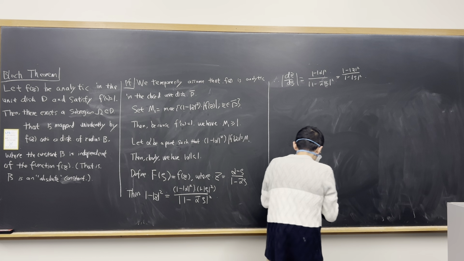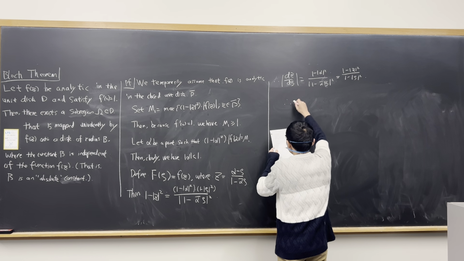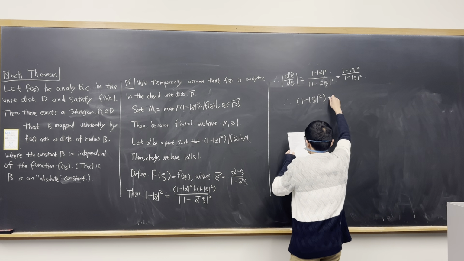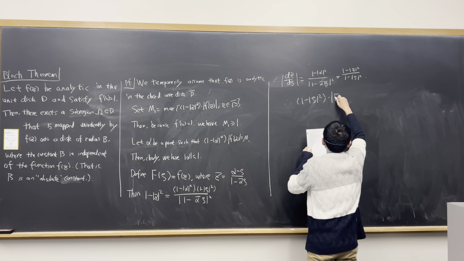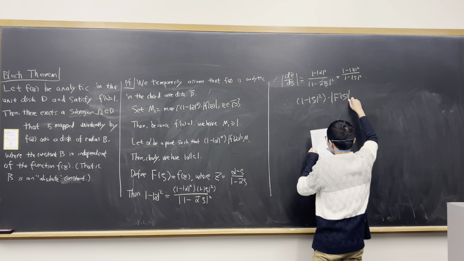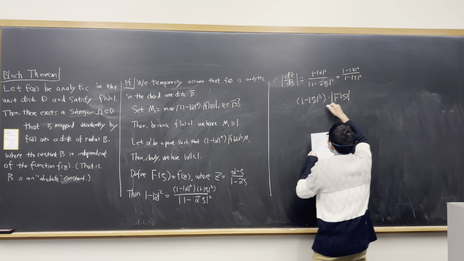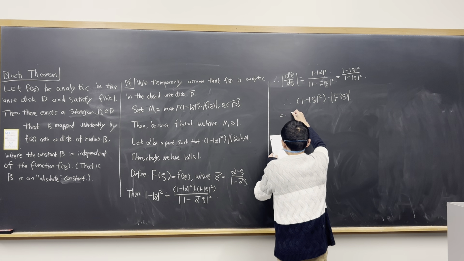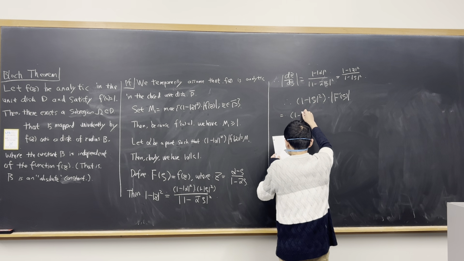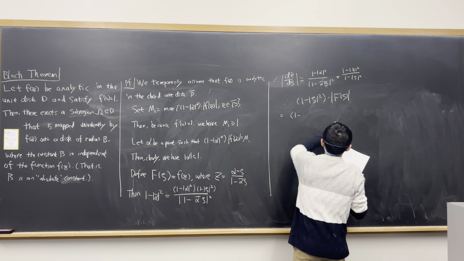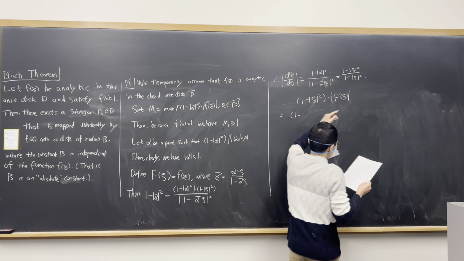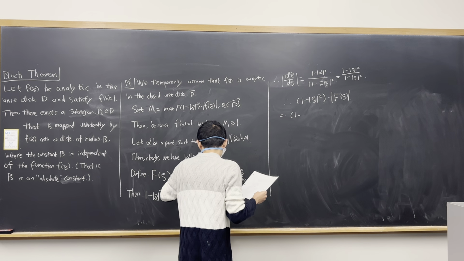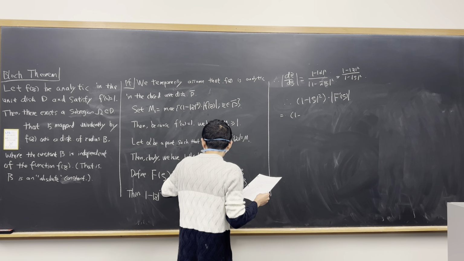Therefore, what I want to say is 1 minus modulus of zeta squared times modulus of f prime of zeta. So when you are taking this f with f prime, what you're really doing is using the complex chain rule.